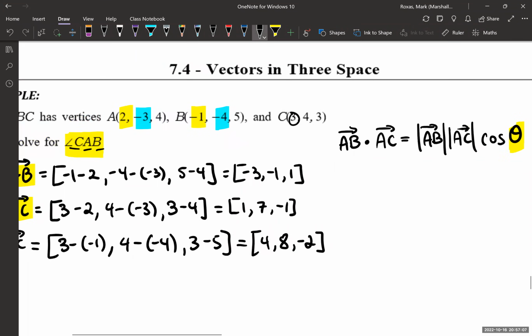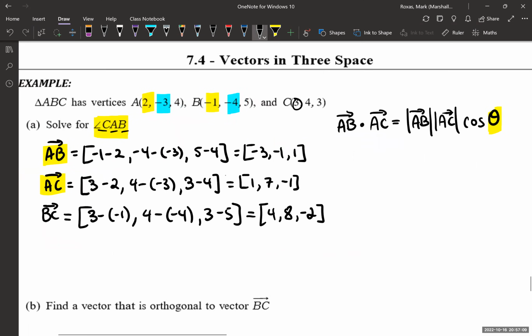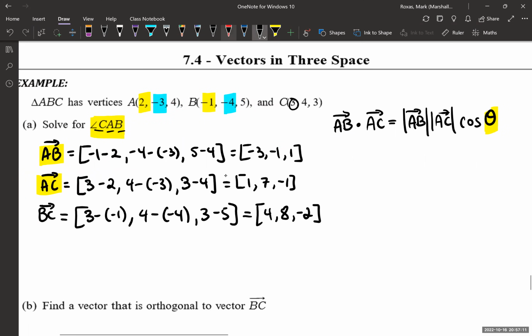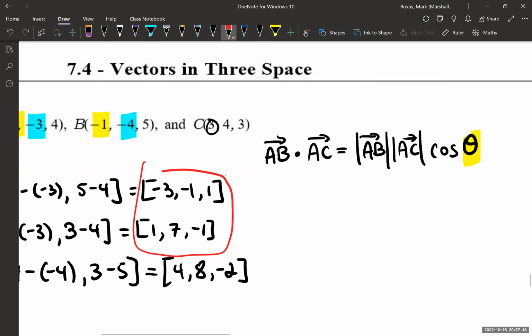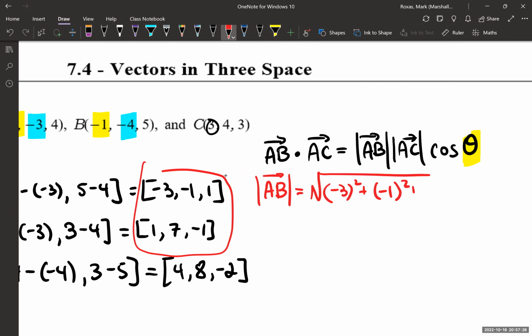the dot product? Well, I could find the algebraic dot product because I have the algebraic vectors now. Do I have their magnitudes? Well, I could find the magnitudes. So the magnitude of AB is just the square root of -3 squared plus -1 squared plus 1 squared.